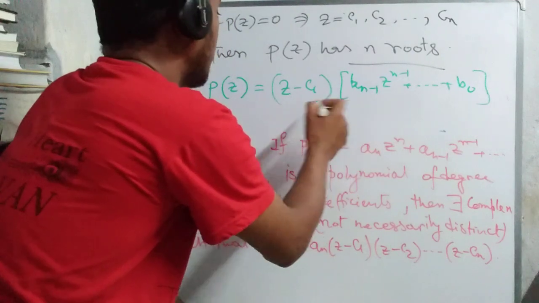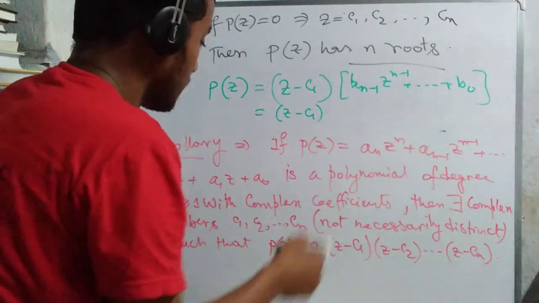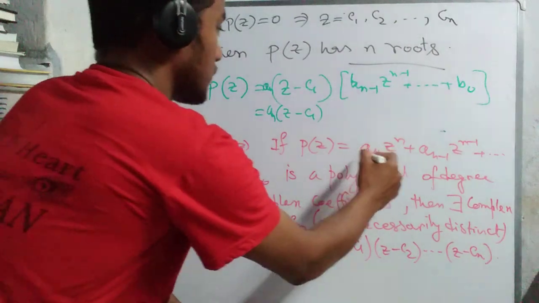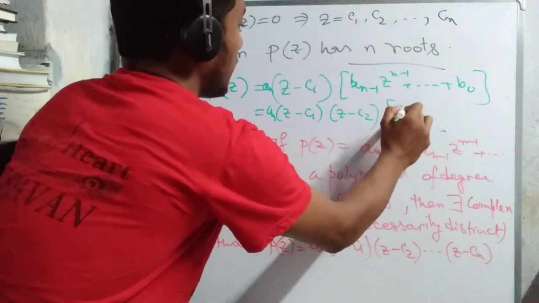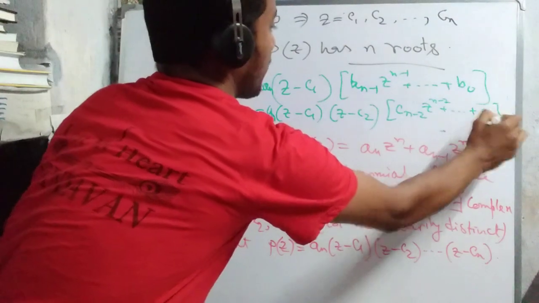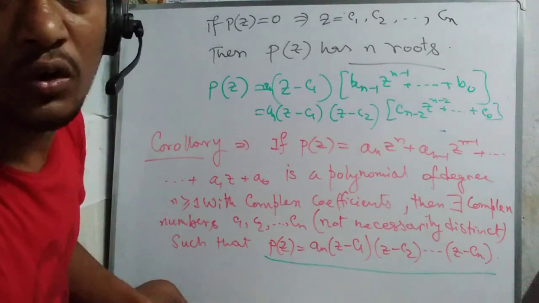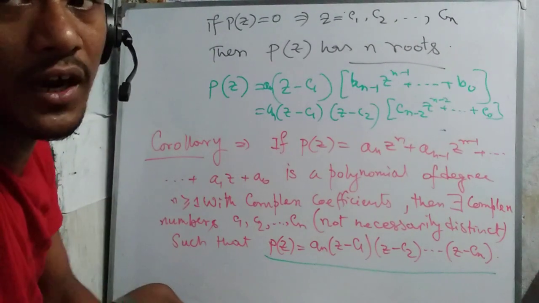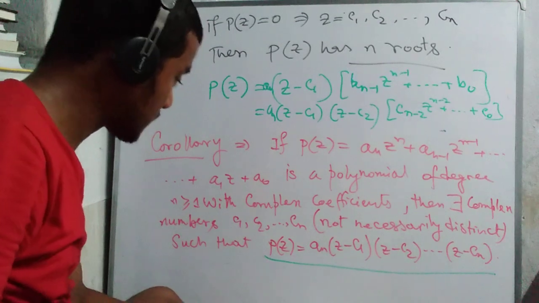Then again we write z minus c1, and since a_n is common, z minus c2 times c_{n-2} z^{n-2} and so on up to c_0. In this way we get this result. This is too easy, so we do not prove it, just give some hints about the corollary.